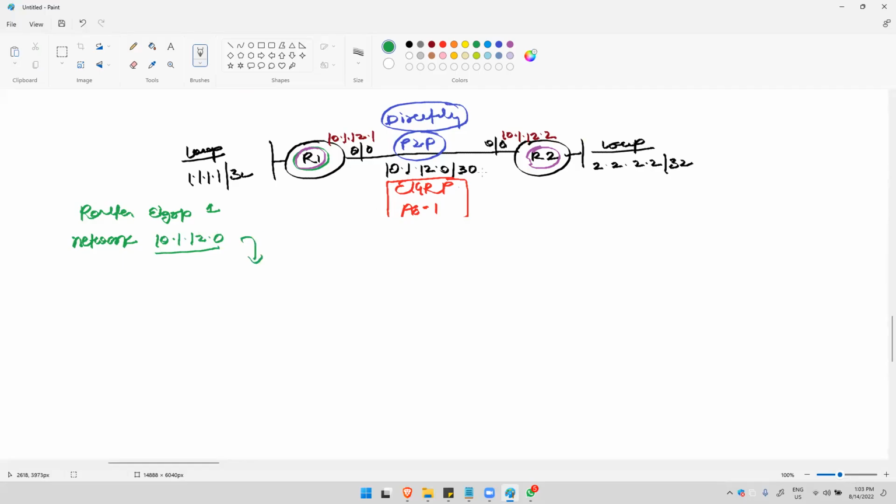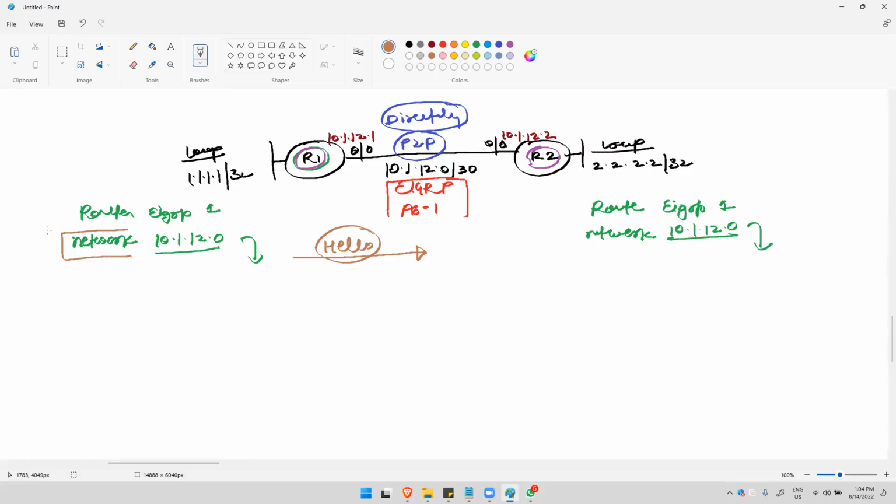R2 also runs router EIGRP 1 and network 10.1.12.0. R1 says, I am sending hello, but I'm not getting any neighbor command. I'm not defining a neighbor command, so I need to do dynamic neighbor discovery. Dynamic means automatic.